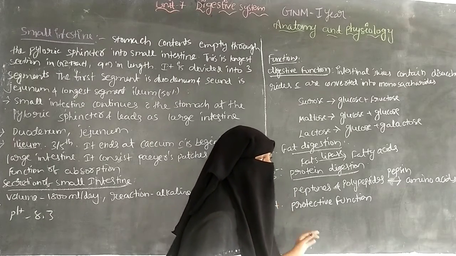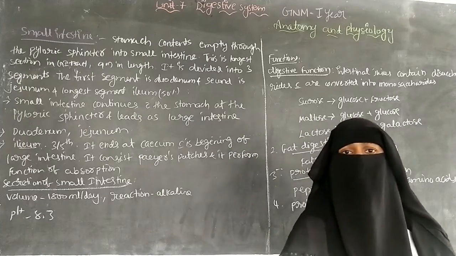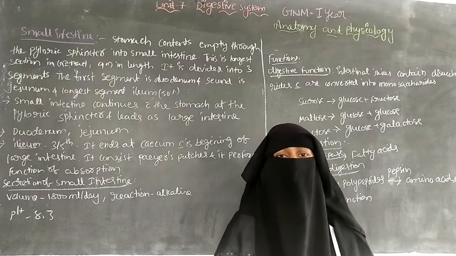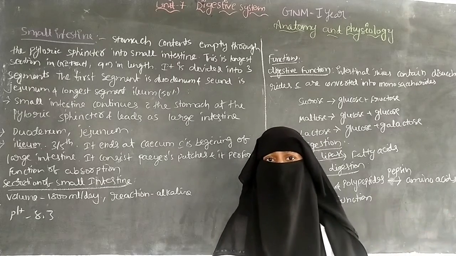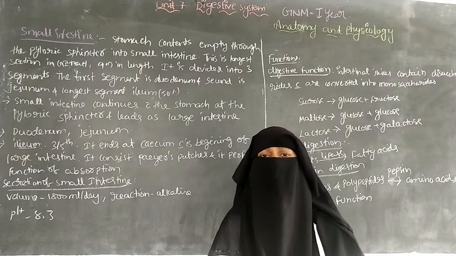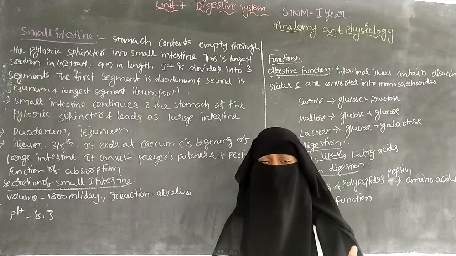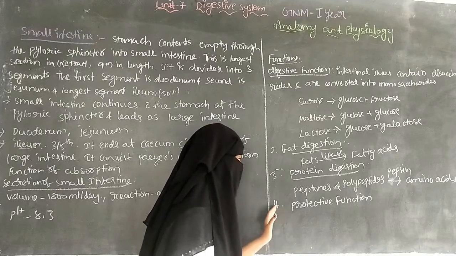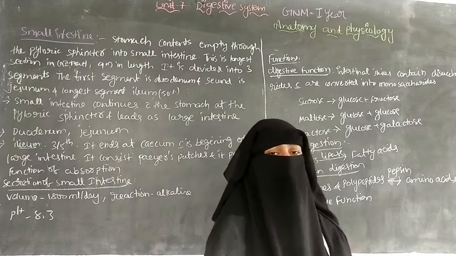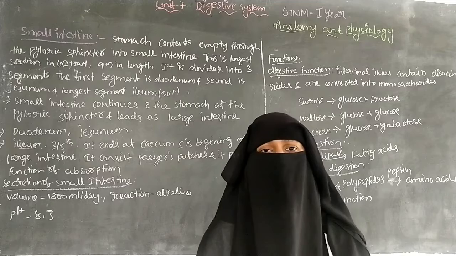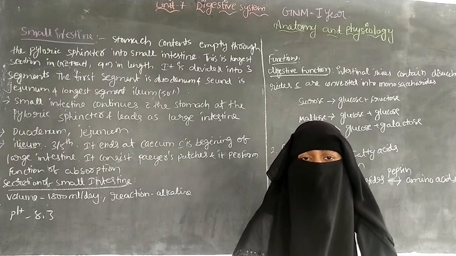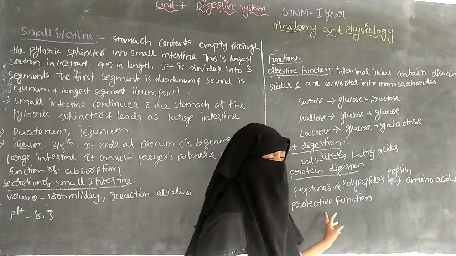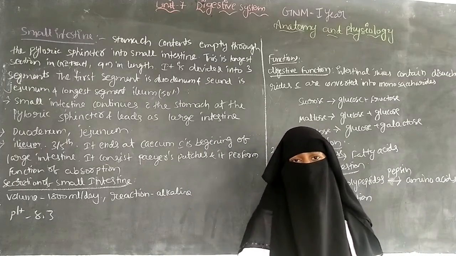The secretions secreted by the small intestine prevent damage to the inner lining of the stomach and prevent the backflow of food into the small intestine. They prevent ulcer formation in the stomach.